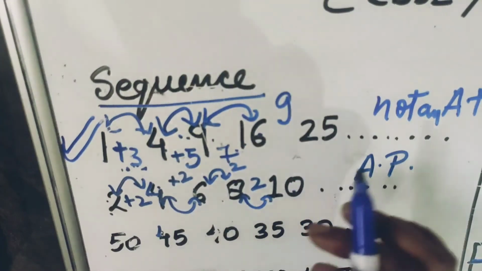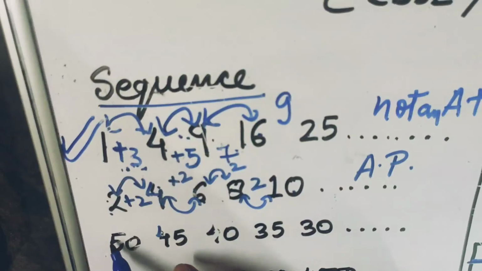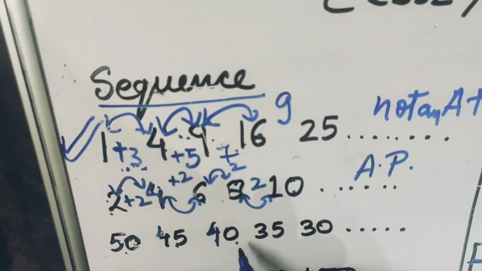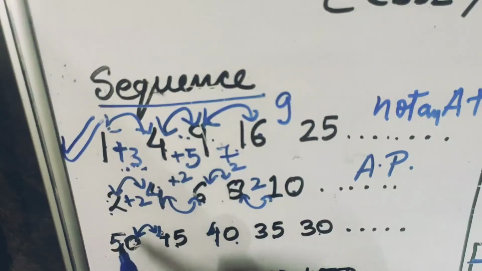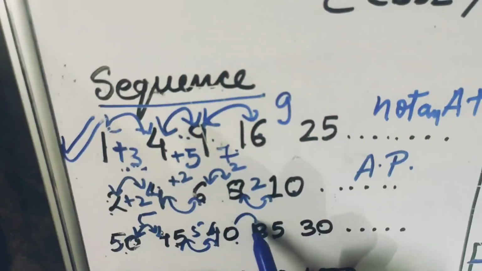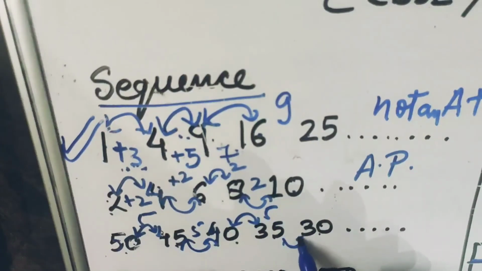Then if you take the next example of the ladder, the numbers are 50, 45, 40, 35, 30. The gap between the terms is 5. Here also it is 5. Here also it is 5. Here also it is 5.